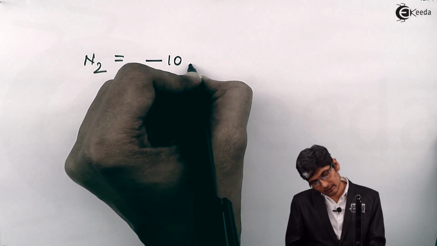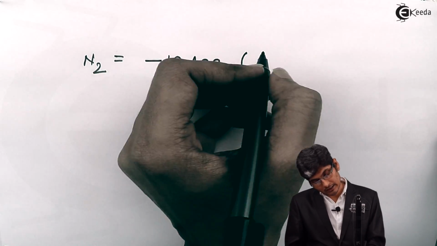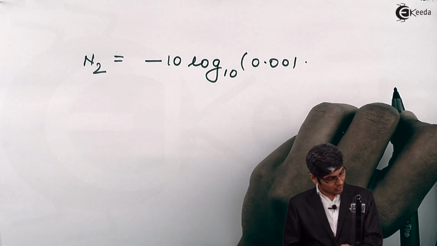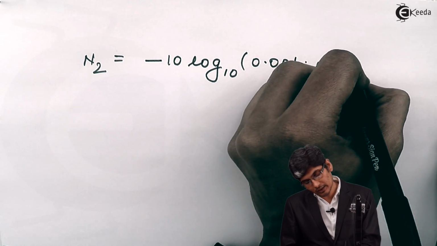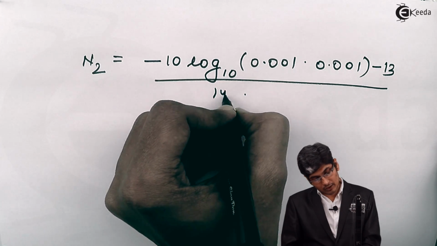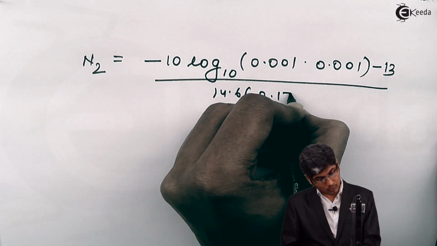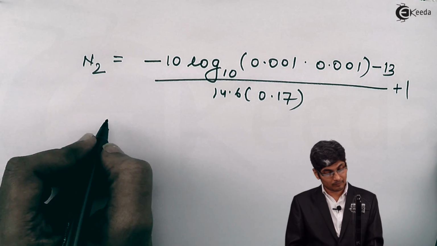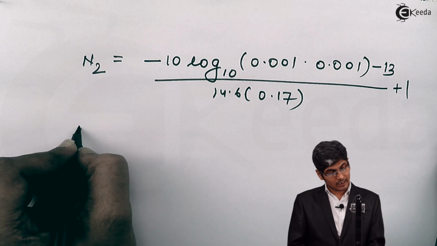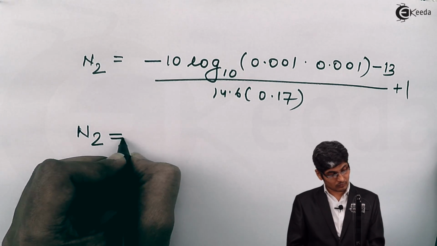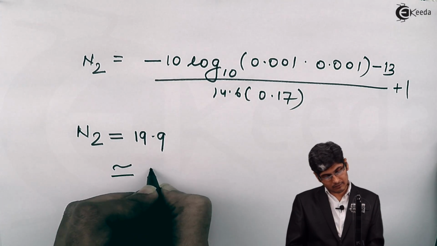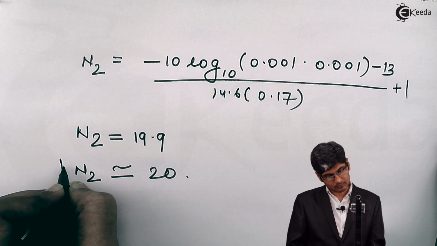N2 will be equal to minus 10 log to the base 10 of delta P2, which is 0.001, times delta S2, which is again 0.001, minus 13, divided by 14.6 times delta F, which is 0.17. This whole ratio is added with 1, so don't make the mistake of writing this in the numerator. That N2 comes to be 19.9, which I will write approximately as 20. So this is my N2.